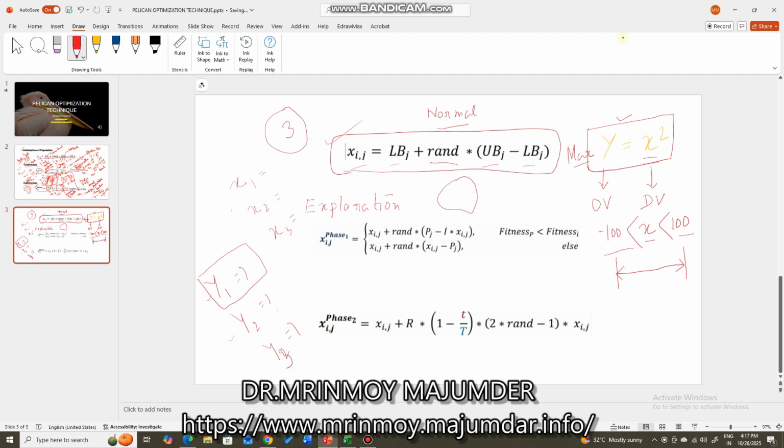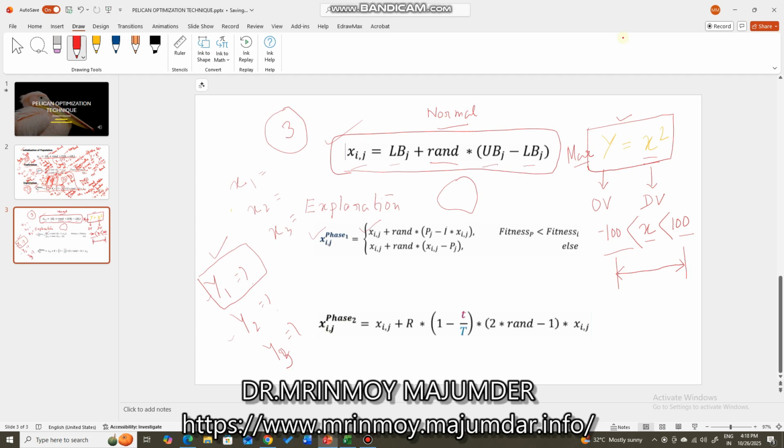Now any value which is greater than this y1, which is the prey, if that is the case, then for that agent or that bird you have to use this formula to generate a new position or new value of x.